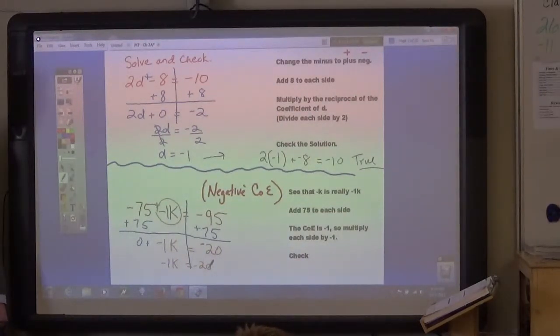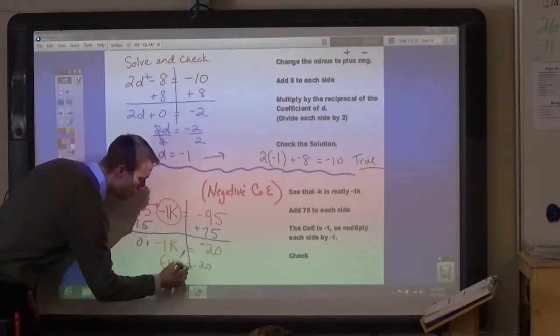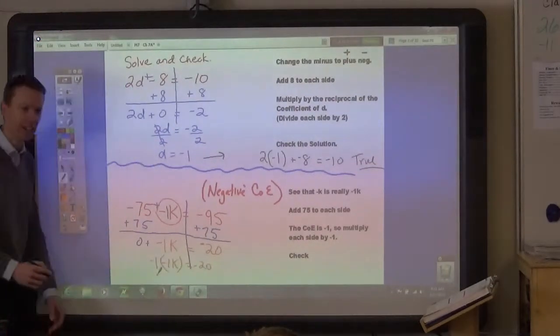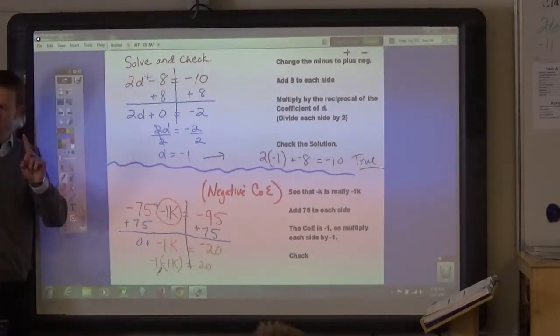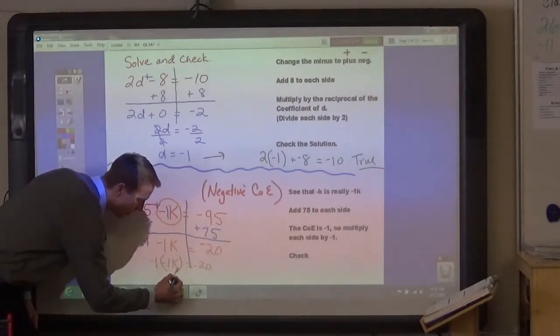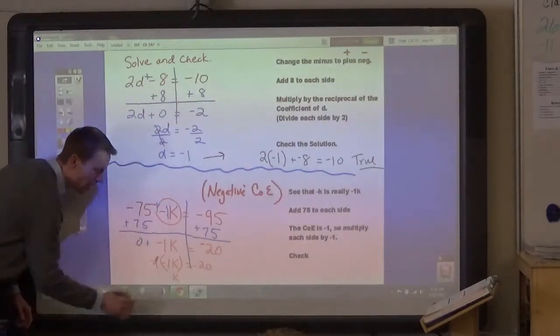What's the reciprocal of -1? It's kind of a trick question, but it's not really. What's the reciprocal of -1? -1. -1 times -1 is 1.